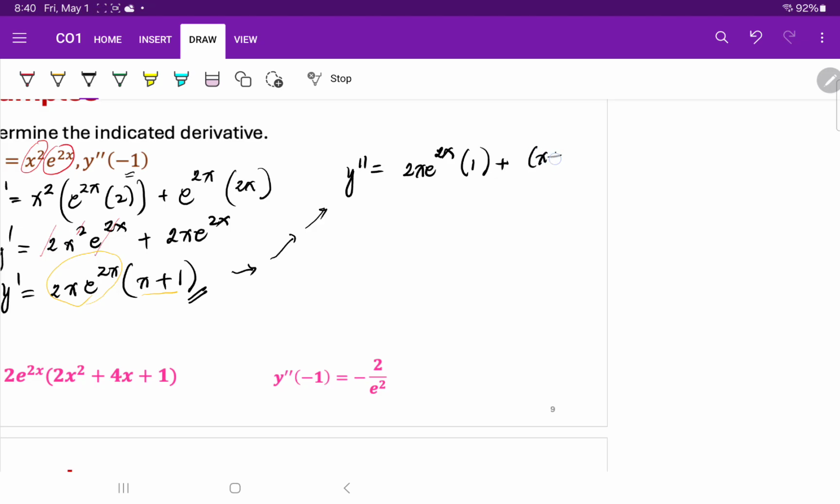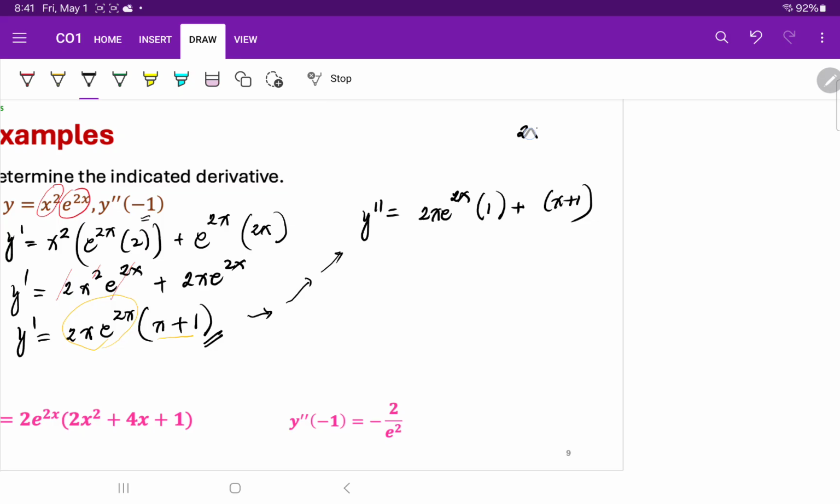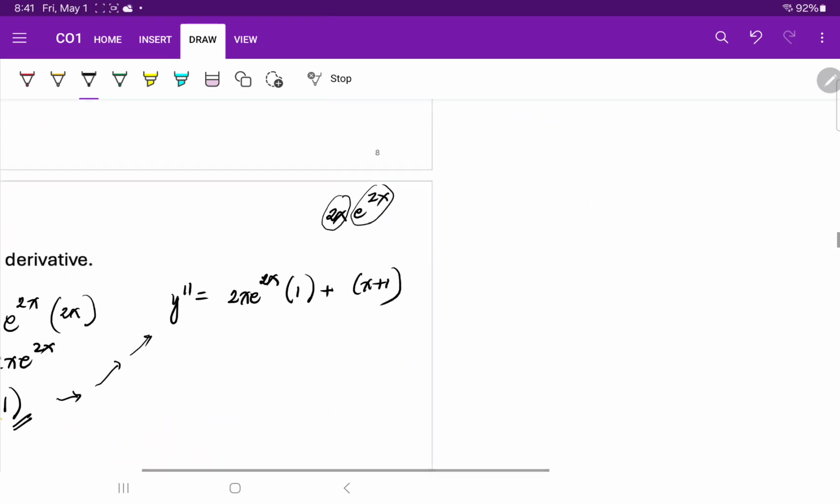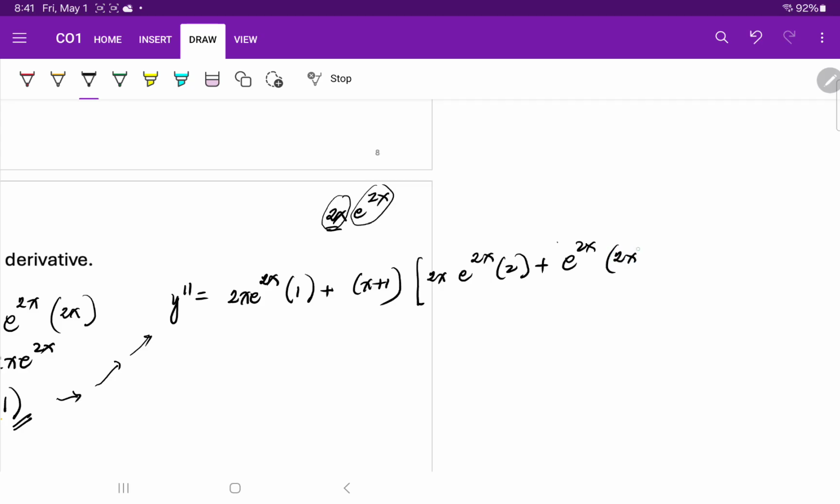Plus, we copy x plus 1, and then we find the derivative of 2x e to the 2x. Now, remember, this is the product of this and this one. So, to solve for its derivative, we have to use again the derivative of a product. We copy 2x times the derivative of e to the 2x, which is e to the 2x times 2. Plus, we copy e to the 2x times the derivative of 2x, which is 2.